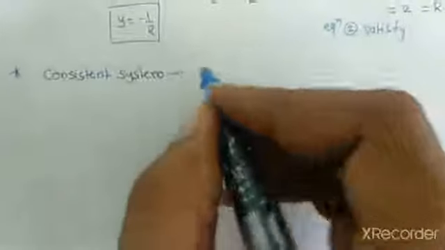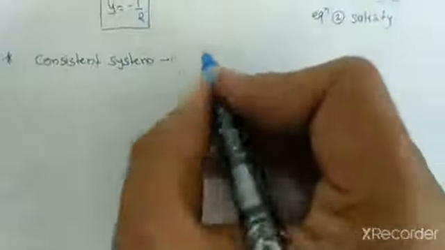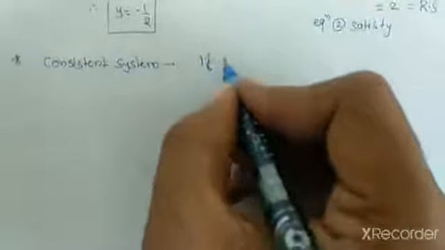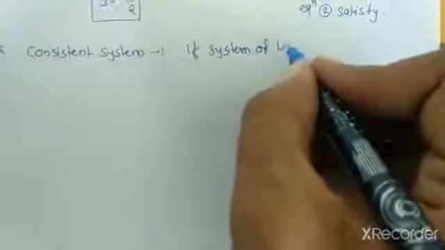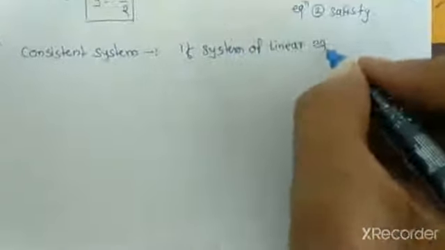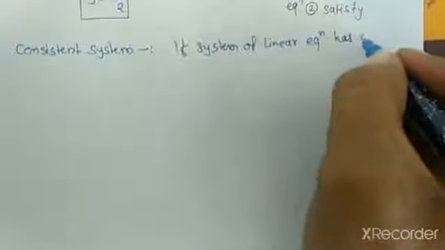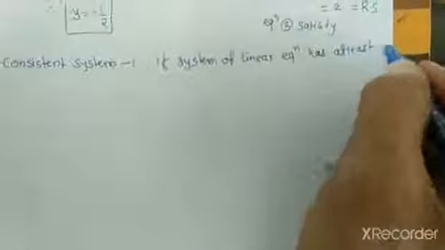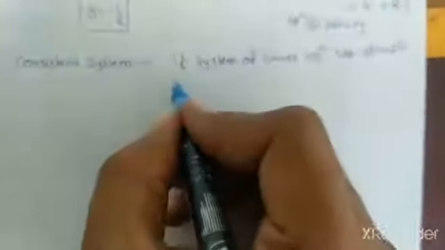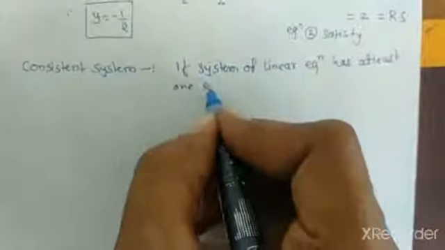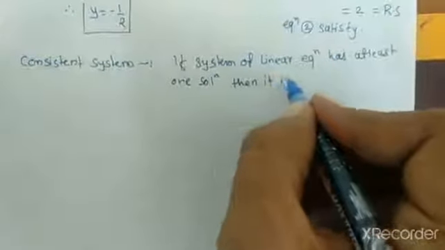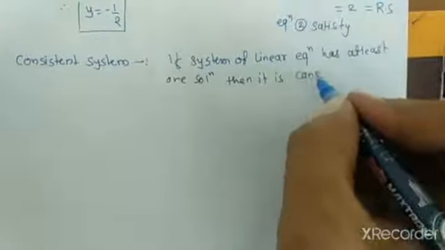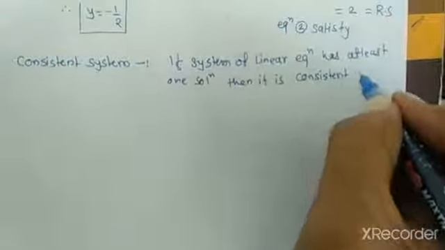That is, if the system of linear equations has at least one solution, then it is a consistent system.